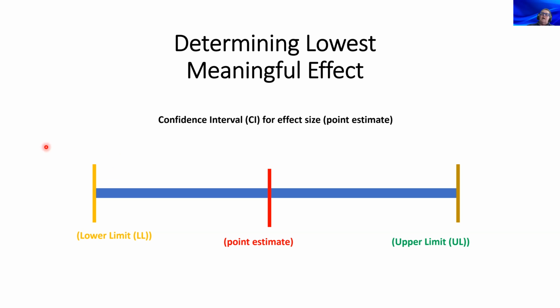So if it's not prohibitive, go closer to this lower limit. If it's going to be prohibitive in some way in terms of your resources, then move closer to your point estimate, knowing that you might have these different errors coming into play.